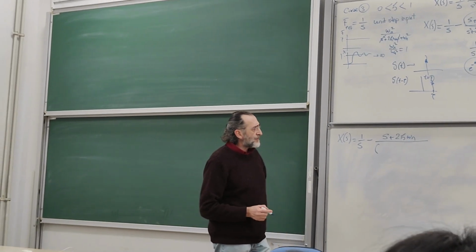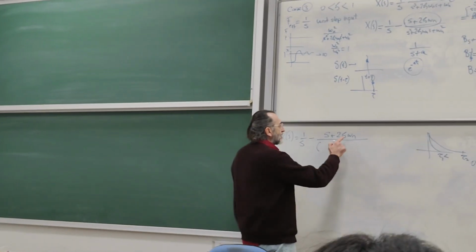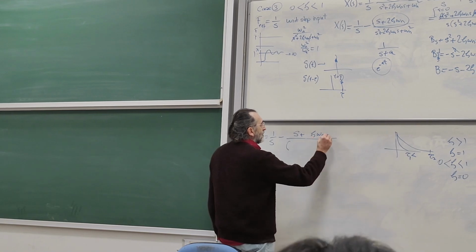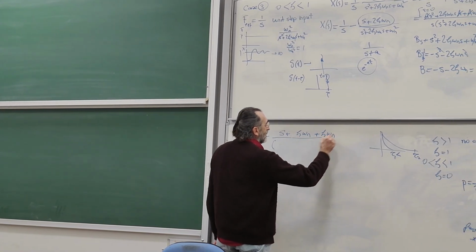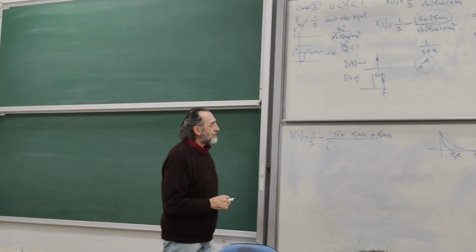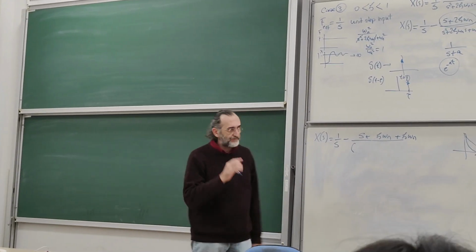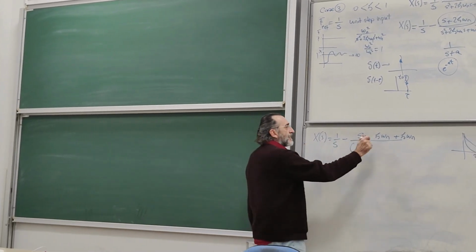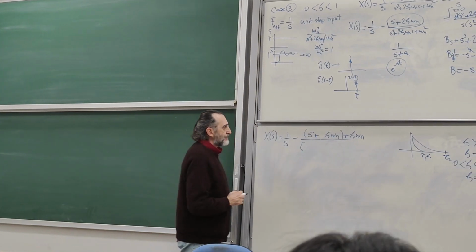But 2 zeta omega n, I don't like that. So what I'm going to do is zeta omega n plus zeta omega n. Okay, so that's 2 zeta omega n. So I have S plus zeta omega n here.